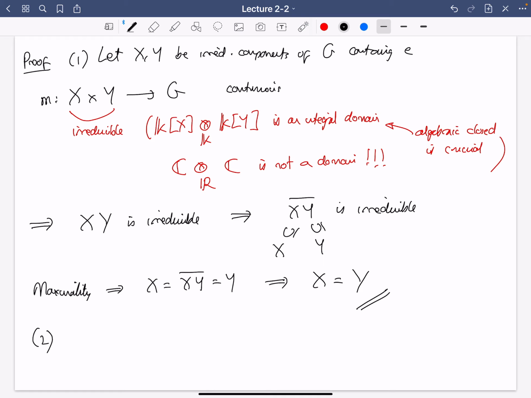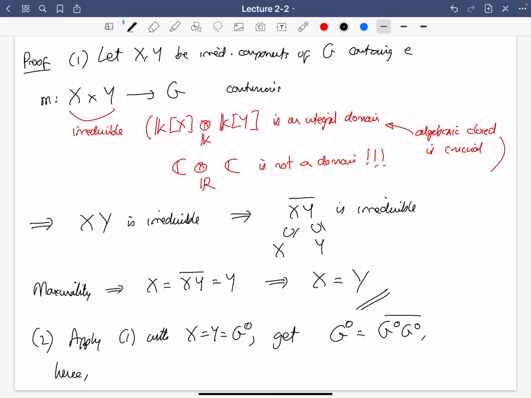Okay, so now for 2, I want to show that G0 is a closed normal subgroup. Of course, it's closed because it's an irreducible component. So if I apply 1 with X equal to Y equal to G0, you get right away that G0 is equal to G0 G0 bar, which shows that G0 is closed under multiplication.